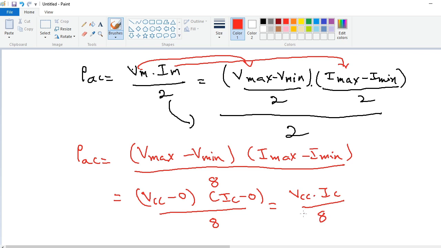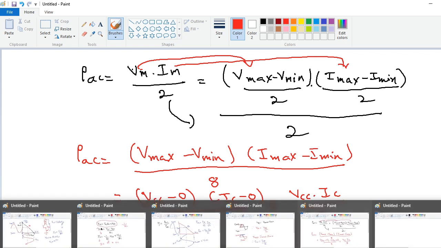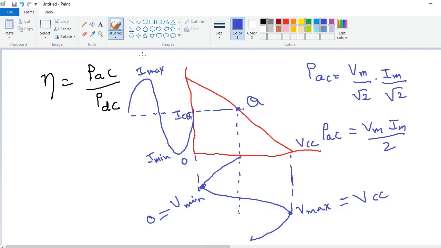Okay, but just observe this graphical representation. I maximum is equal to IC. So IC is equal to 2 into ICQ. What is ICQ? This ICQ is the collector current at the active region, at the operating point. So for example, assume I maximum is equal to 10 milliamperes.